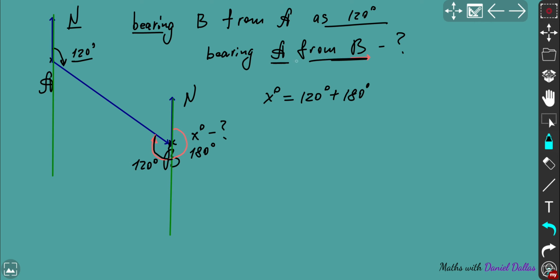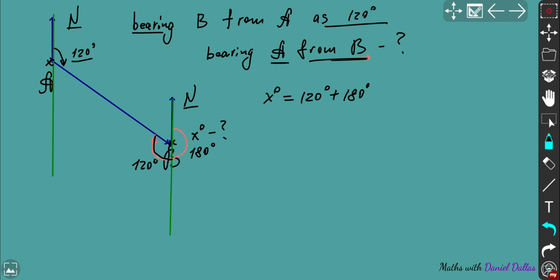Basically, this is the course on the way back. So if you start from point A, you move at the bearing of 120 degrees, and you reach point B. Then you turn back and flip your direction for the way back. So your starting point now is B. You set up the north direction right there.